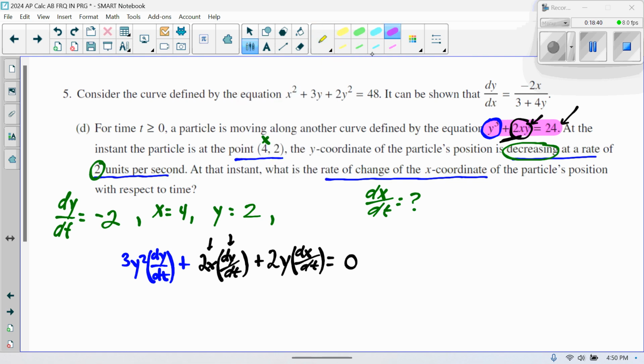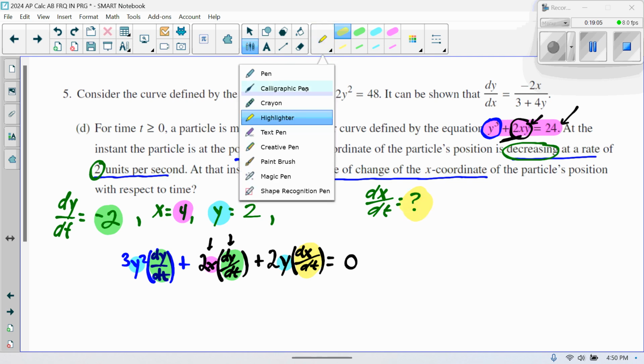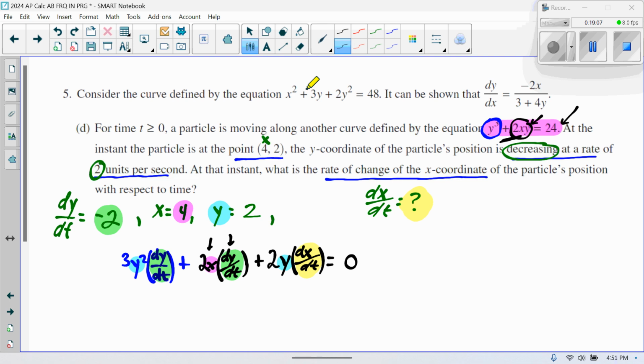Now let's start plugging things in. My x is 4, right there. My y is 2, right there, and right there. My dy/dt is negative 2, right there, and right there. And we're trying to solve for dx/dt, so I'm not going to have that.